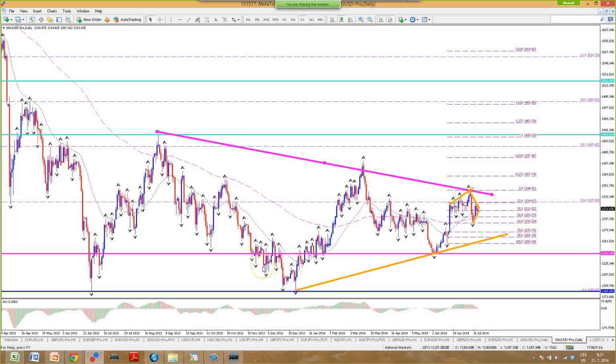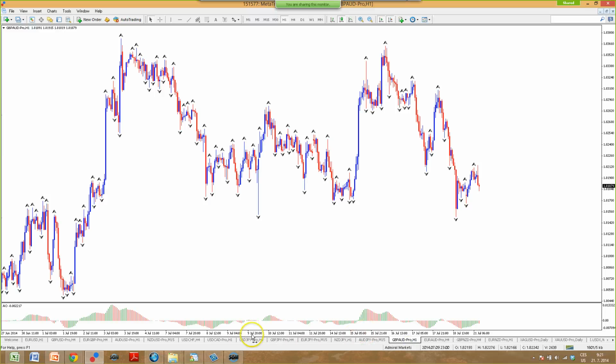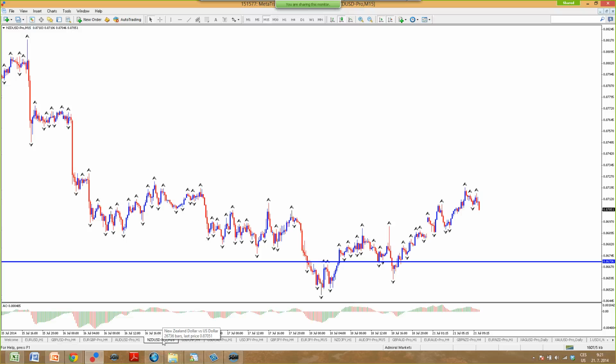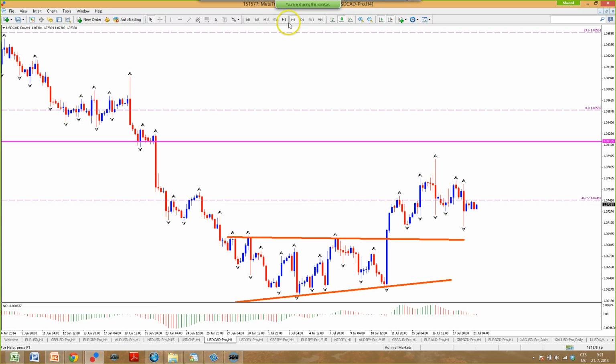So not many pairs are trending at the moment. If you're looking for a trending environment, they're really a bit difficult to find. Maybe looking at other pairs, but you can see even the euro aussie and pound aussie are having their struggles. Even the kiwi is having struggles. It's difficult, sorry, at the moment to find something that's really nicely in a trending mode.